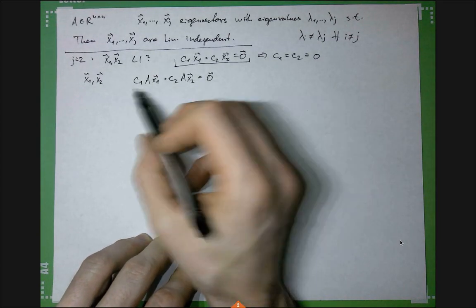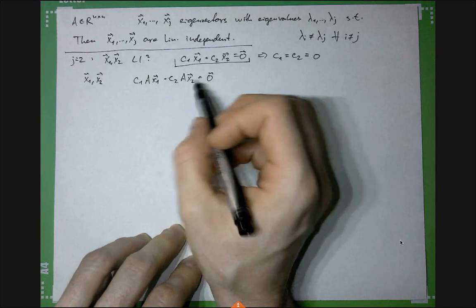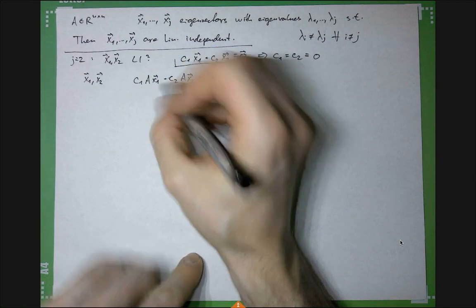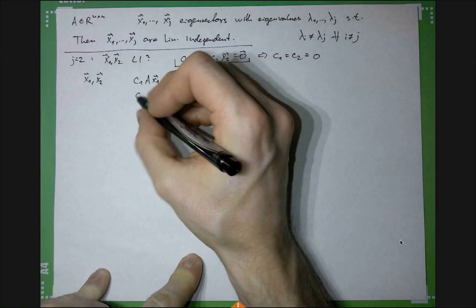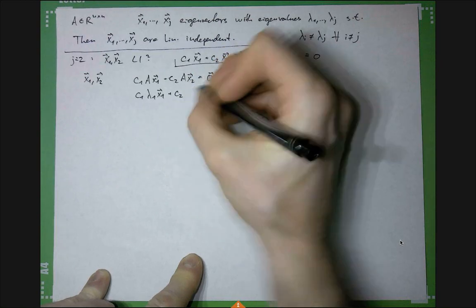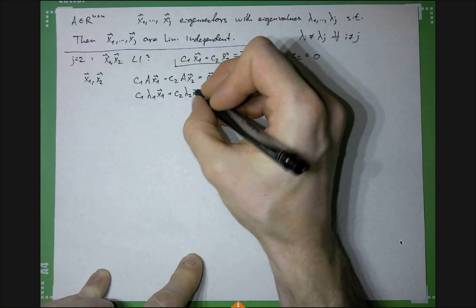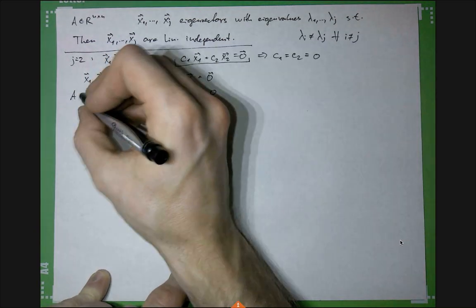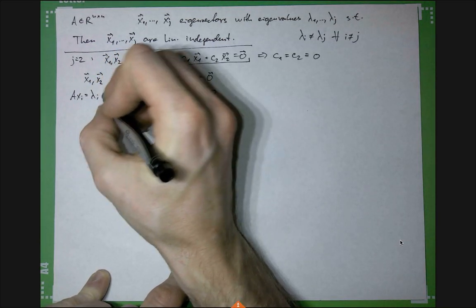So from this follows that if I multiply it by A, then obviously it is still 0, right? But then I can use the fact that x1 and x2 are eigenvectors of A. So that means that this is true, right? Because A xi is lambda i xi.